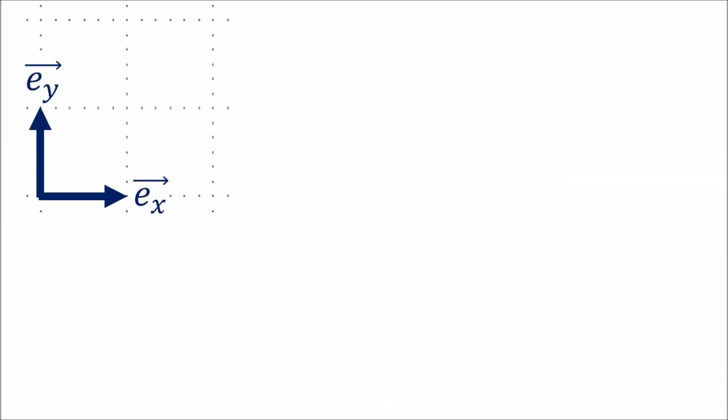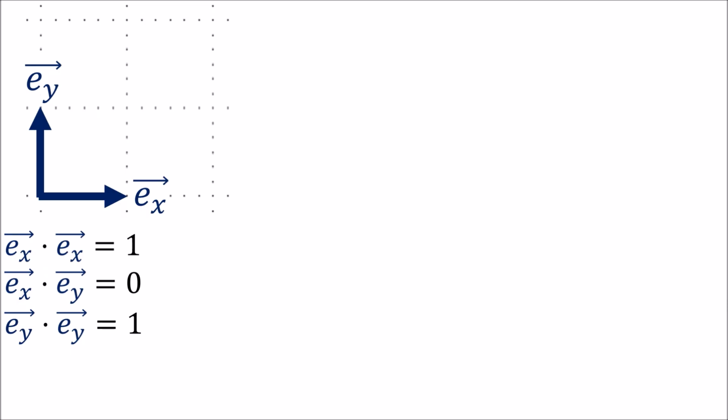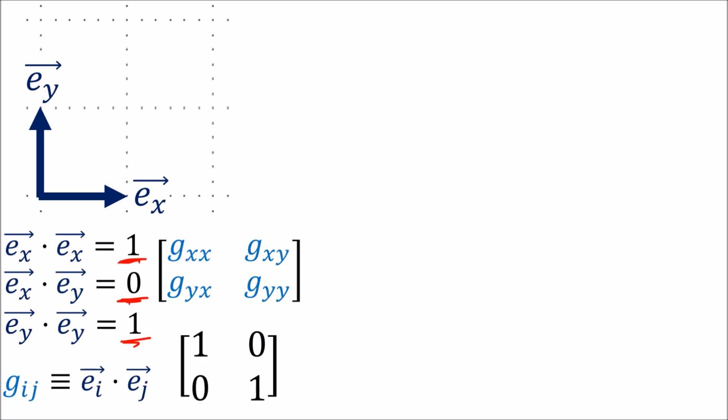Let's go back to boring 2D flat space, with basis vectors ex and ey. These basis vectors are orthonormal, so x·x and y·y equal 1, and x·y equals 0. And remember, the metric components are just the basis vector dot products. So in this basis, the metric tensor is the identity matrix.